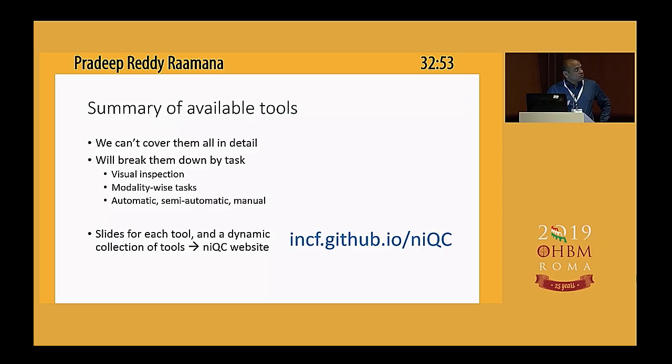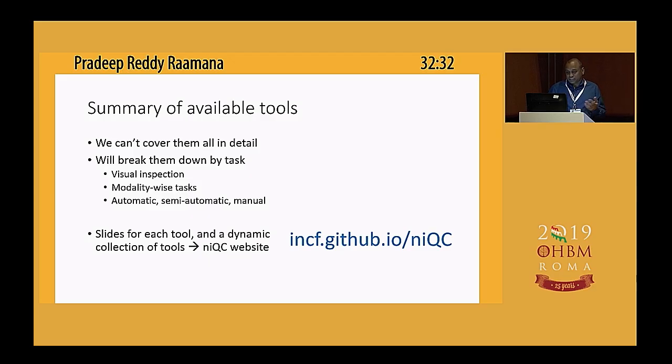So in this talk, I was hoping to give a quick summary of a large number of QC QA tools that are available. We can't cover them all in detail because they go across a diverse and disparate set of topics, and in fact, I don't know too much about them except for what they do.